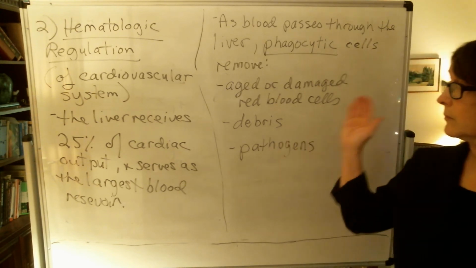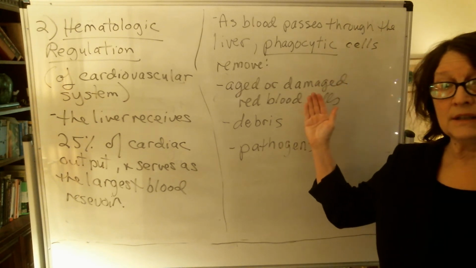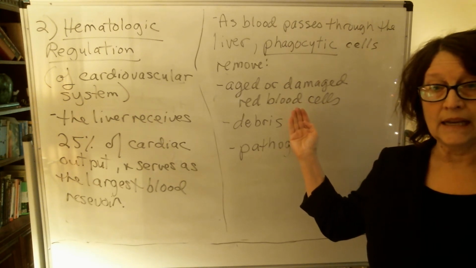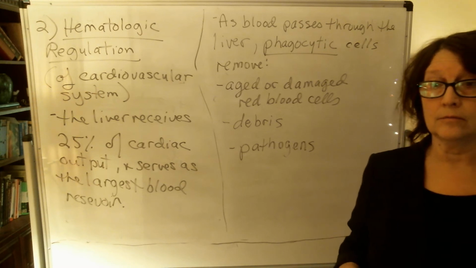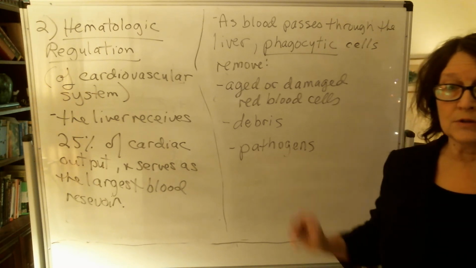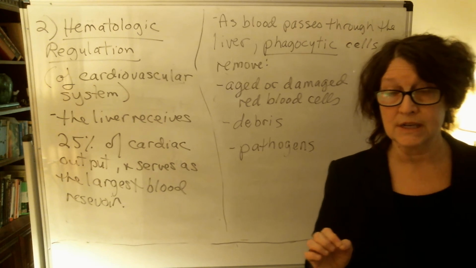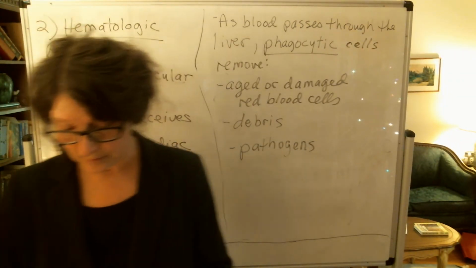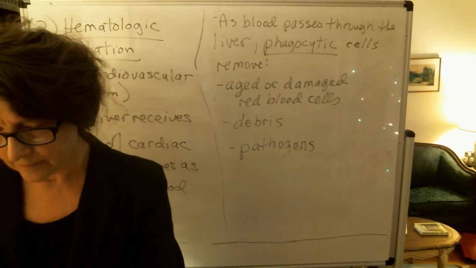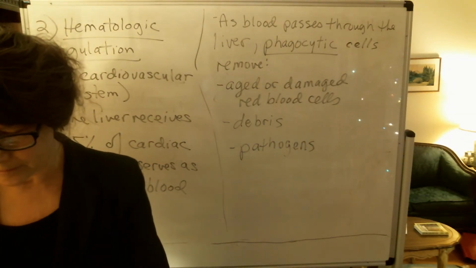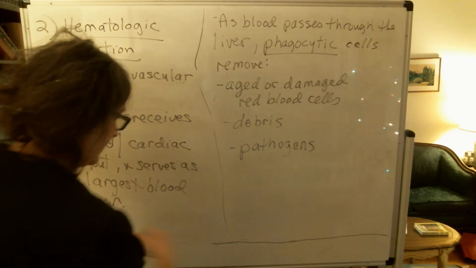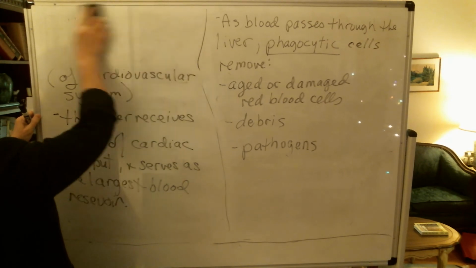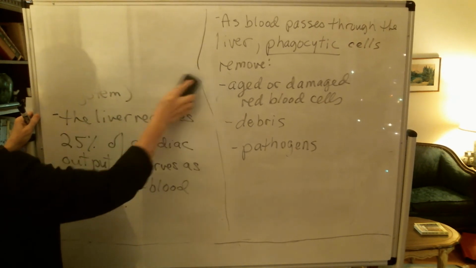So your liver is constantly taking out red blood cells that have passed their use-by date, and debris, which can exist in the blood, and also pathogens, things that want to make you sick. So the liver is doing all that by way of its phagocytic cells. Now we're still dealing with hematologic regulation here.